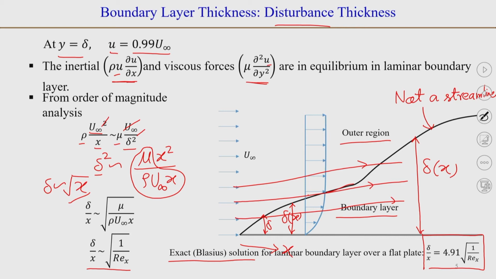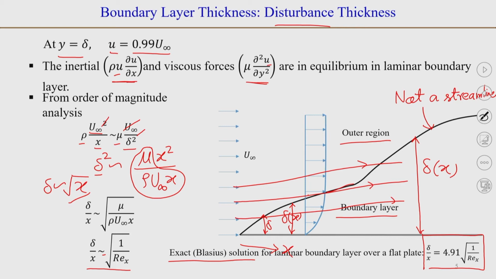So, we could find the dependence of delta by x on Re_x with simple order of magnitude analysis, and now we also know the constant. So, for a laminar flow, delta by x is equal to 5 divided by root Re_x.